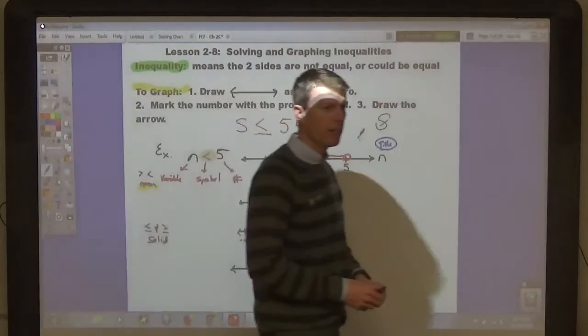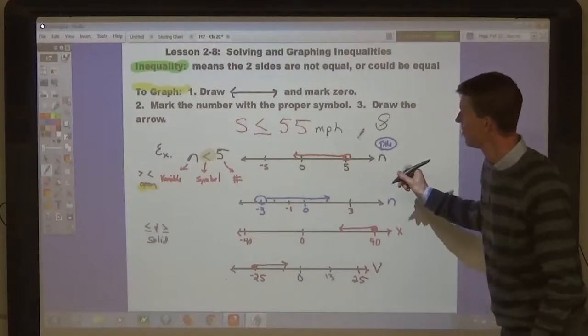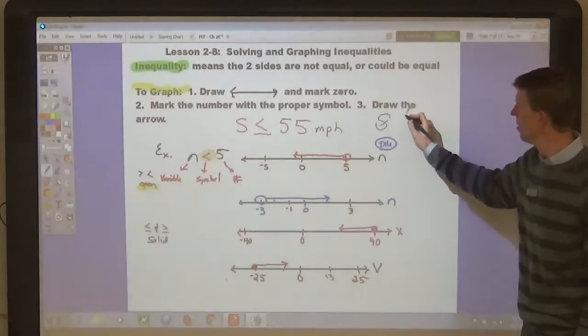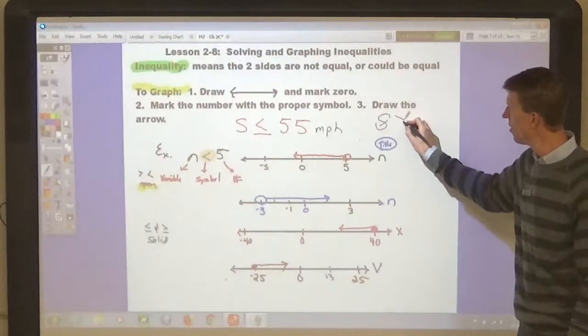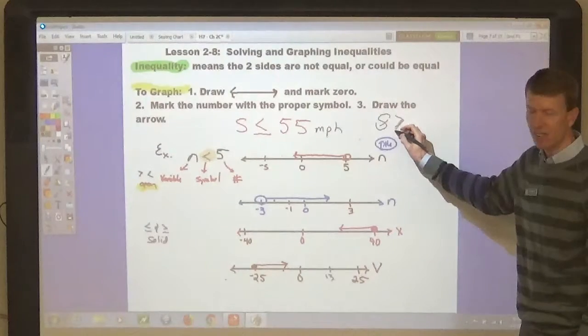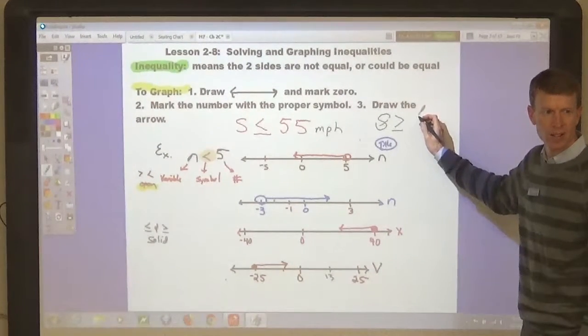What about a speed minimum of 40 miles per hour? Your speed must be greater than or equal to, what's the speed minimum?